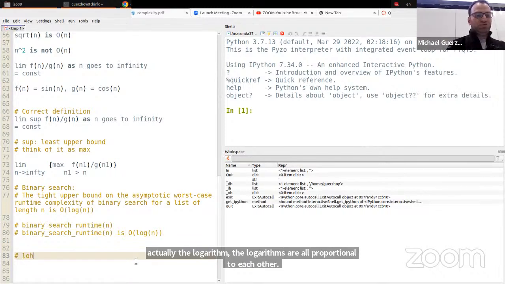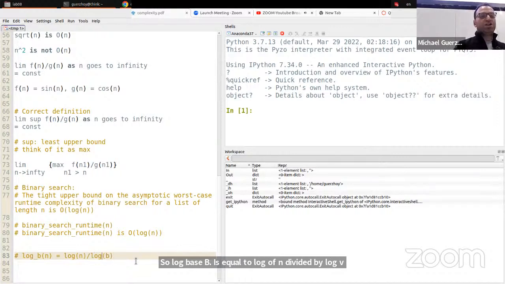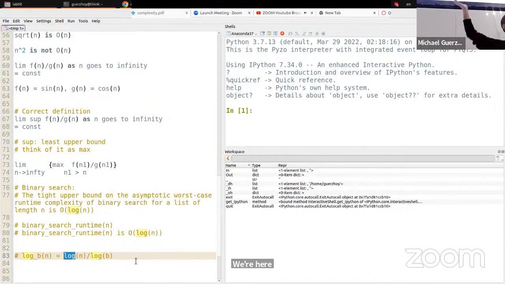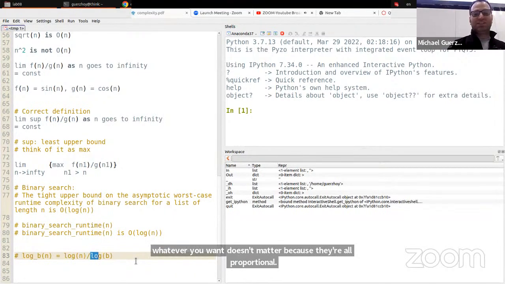So you can just prove, if you're interested, that log base b of n is equal to log of n divided by log b, where here log could be whatever you want, doesn't matter because they're all proportional. So it could be the natural logarithm, or it could be the base 10 logarithm. Interpret that as you like. They're all proportional anyway with this kind of constant proportionality.